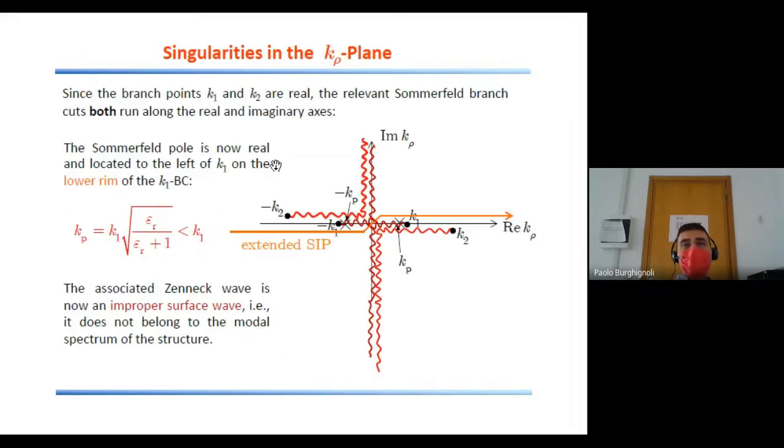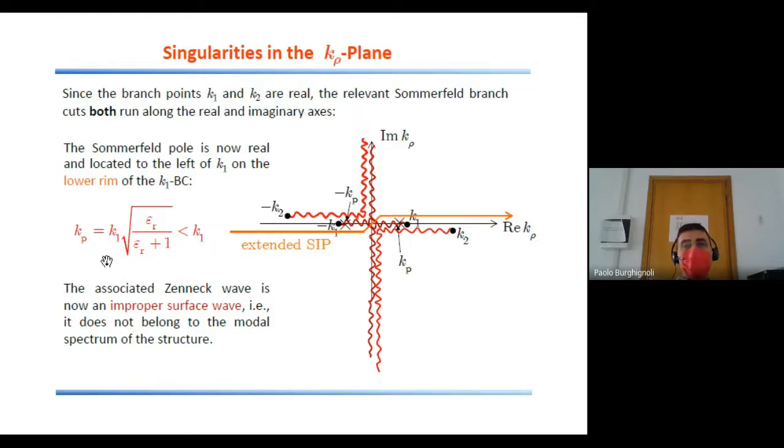Now, in this case, we are assuming lossless media, so both branch points are real. Here in this figure, I have displaced K2 a little bit for clarity, but consider that K2 is also lying on the real axis, exactly as K1. As concerns the Sommerfeld pole, the expression of this Sommerfeld pole is available in a closed form.